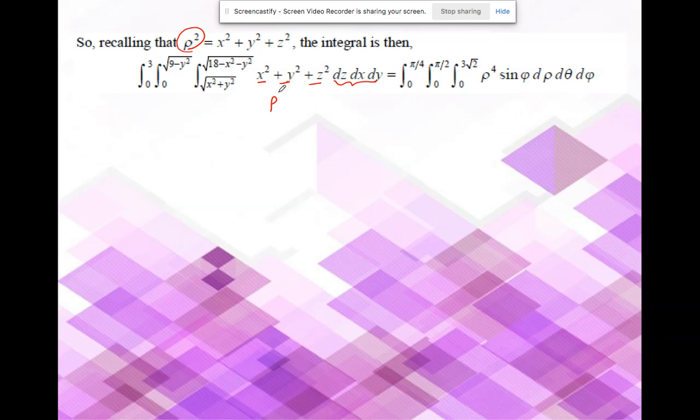And then remember the price I had to pay was rho squared sine phi. So that's where I got an integrand of rho to the fourth sine phi. And then of course I would split this up again with all my constants and a product here. That'd be pretty good. All right, that's it.